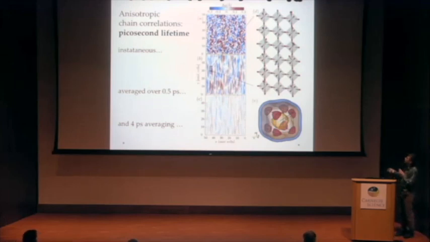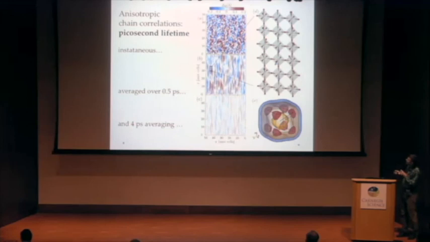What is shown here is an instantaneous snapshot of the configuration, and the color code shows the displacement of titanium in the y direction, the vertical direction. Each dot is a perovskite lattice cell, so titanium is of course displaced in an arbitrary direction, but we look only at the y component, and this is color-coded.